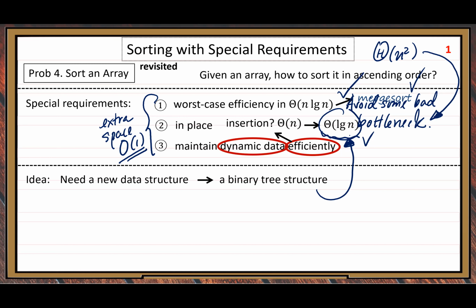Think about when we traverse a binary tree from the root, at the top, to a leaf.